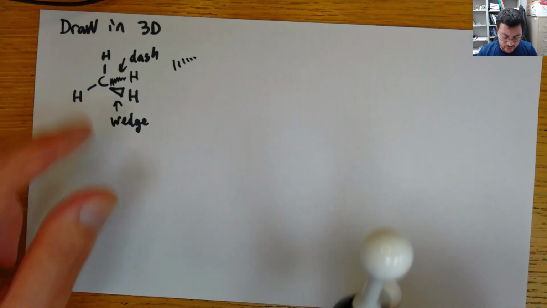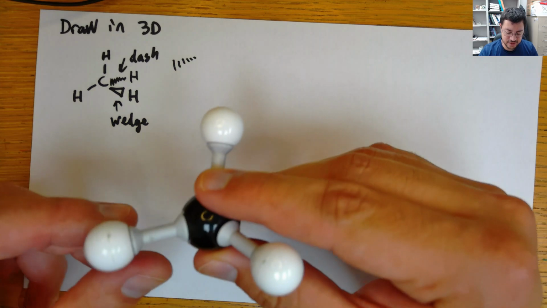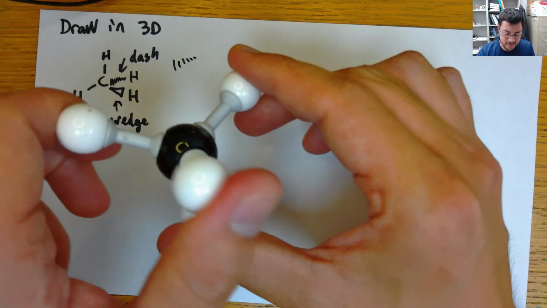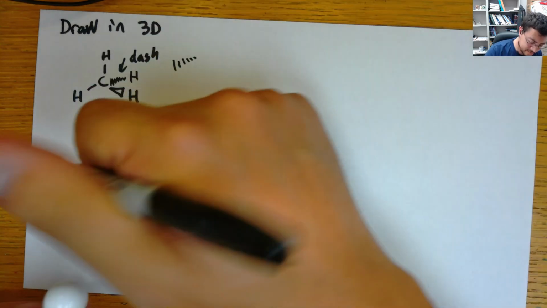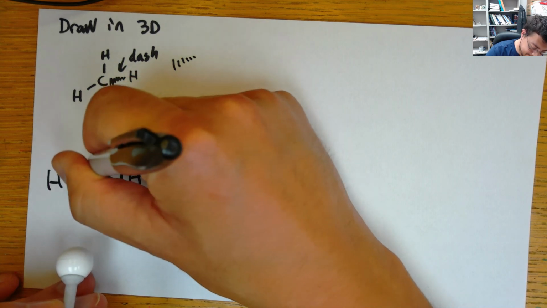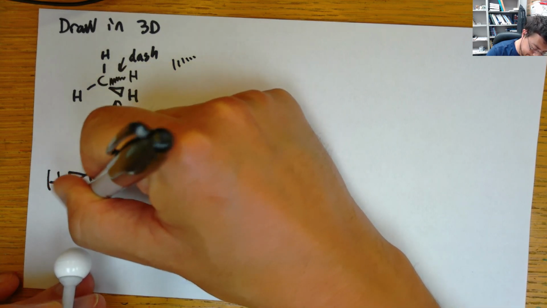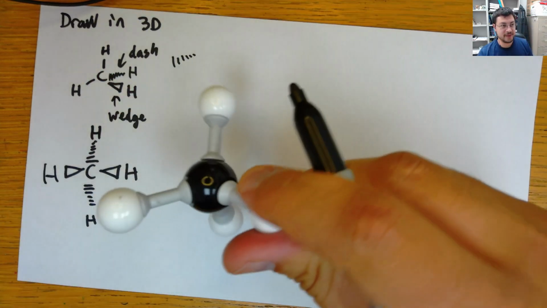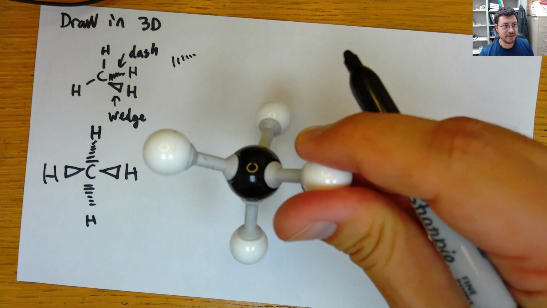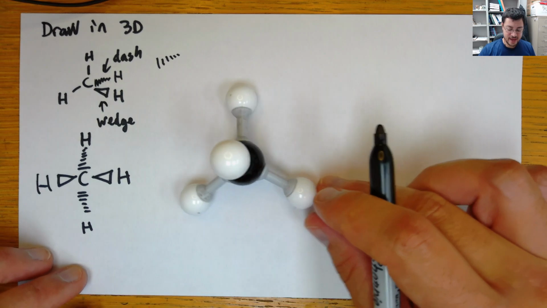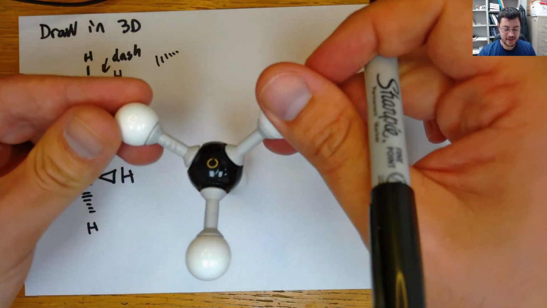So that's one way you could draw methane. Some people like to do it this way, kind of arms going like that. That could be another way of drawing methane. Some people think of something like that, or something like that.